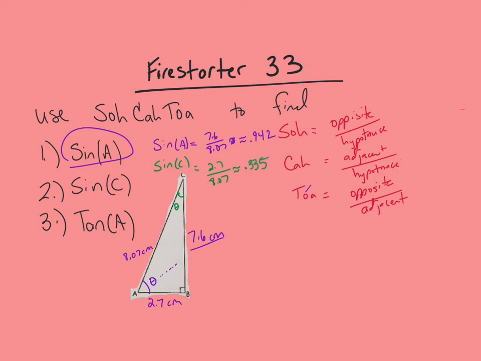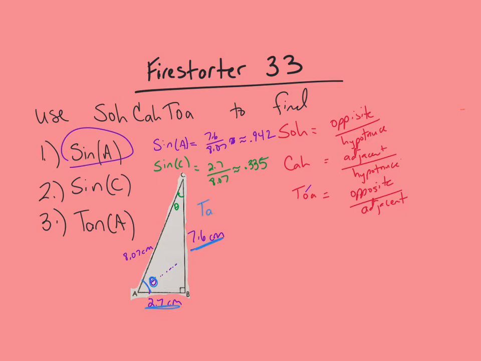Right? That's it. Now we're going to find tangent. So remember tangent, this time I'm using A. So that means my theta is A. So I'm going to do the opposite. The opposite is 7.6 over my adjacent, which is 2.7.